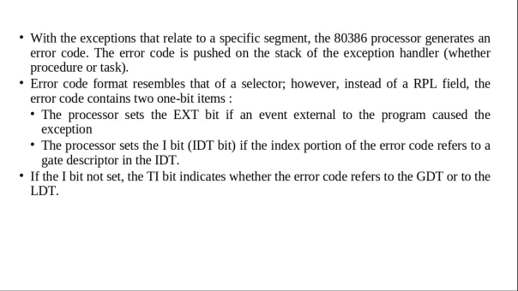That interrupt has some number, and the procedure is referred to by using that interrupt number. So it may be referred through the IDT, or the procedure is defined by the user and it may be referred through the GDT or LDT. Based on the values of I and TI, it is decided whether to refer to the GDT, LDT or IDT.